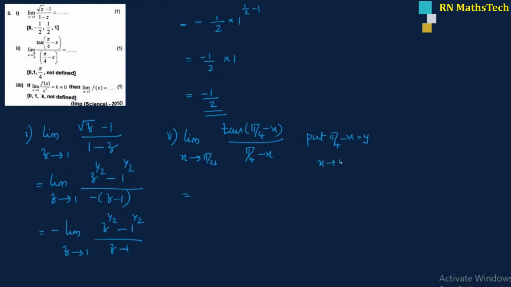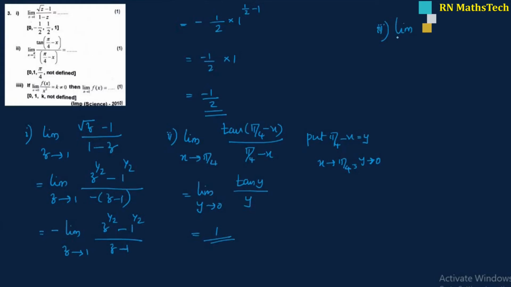Now when x tends to pi by 4, y tends to 0. So it will become limit y tends to 0 tan y divided by y. So limit y tends to 0 tan y divided by y is equal to 1. Now the third one.